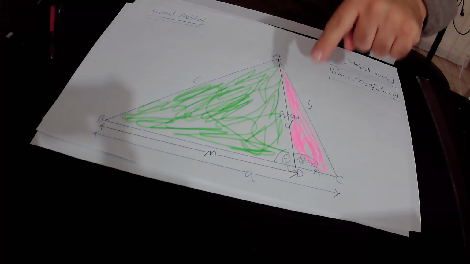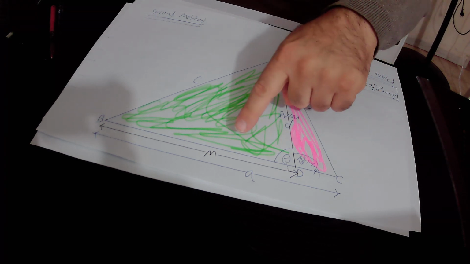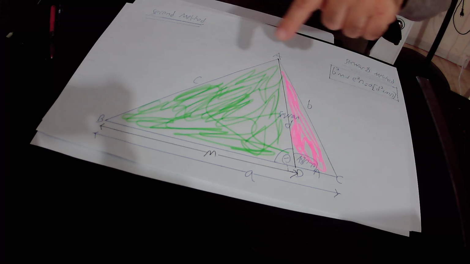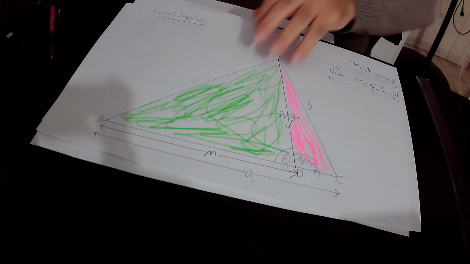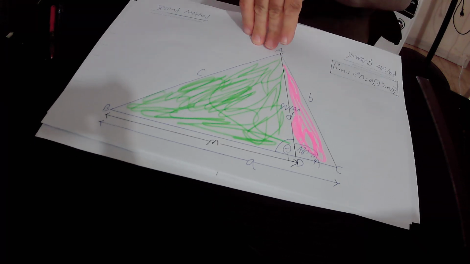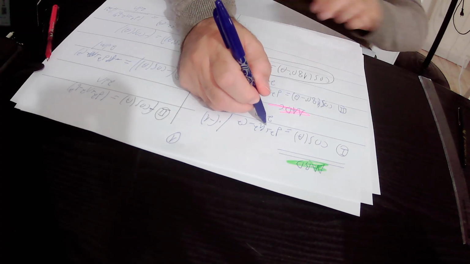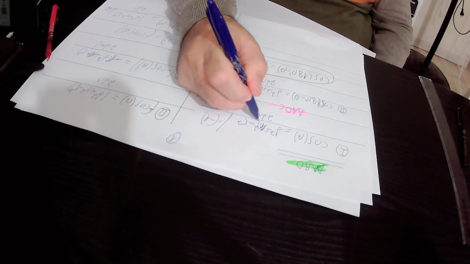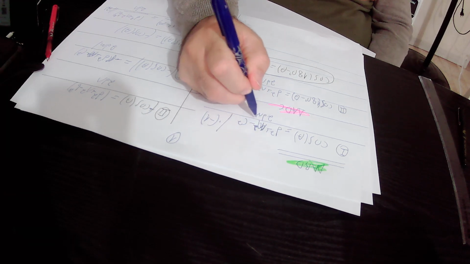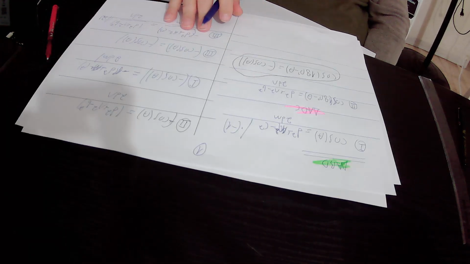Again, in the green triangle, triangle ADB, cosine theta equals d squared plus m squared minus c squared over 2 times d times m.